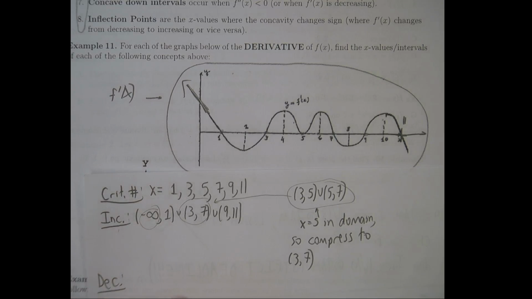Decreasing intervals. In a similar fashion, if you focus on when the graph of the derivative is positive for increasing, that tells you that decreasing means you focus on when the derivative is negative.